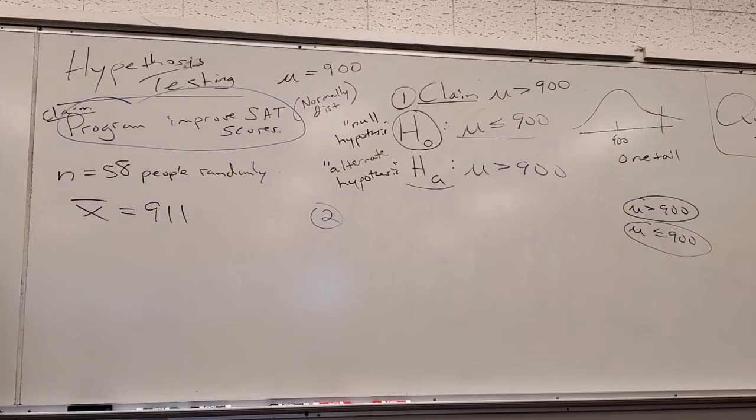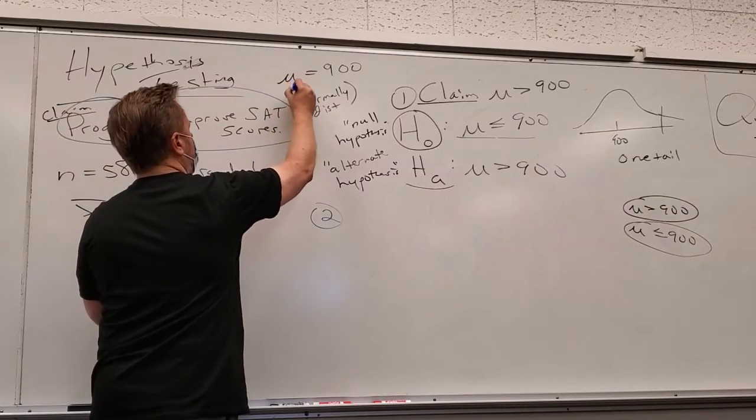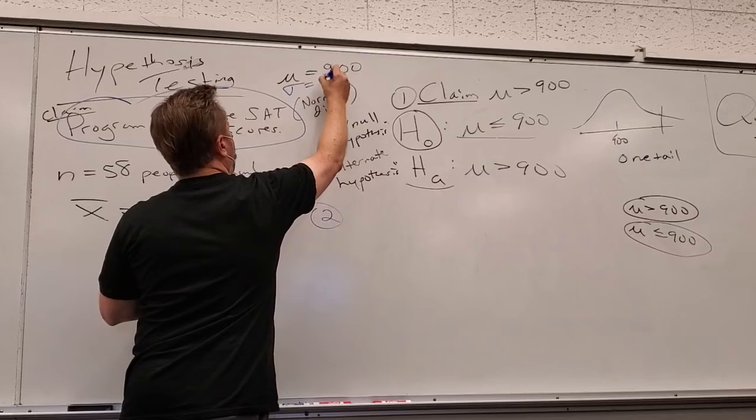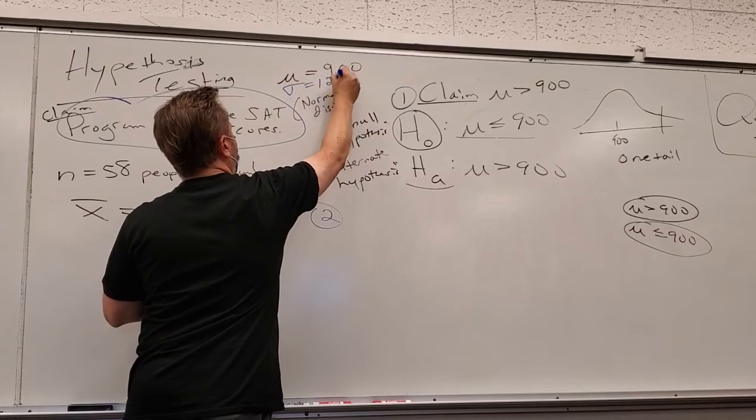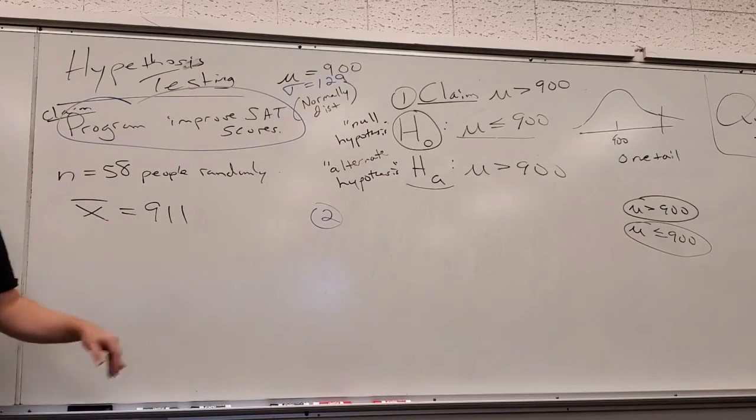There's one thing missing from this setup that I need. What if I told you we know sigma is 129? Let's say we know that, because it's the same place we got the mean. We know the standard deviation.